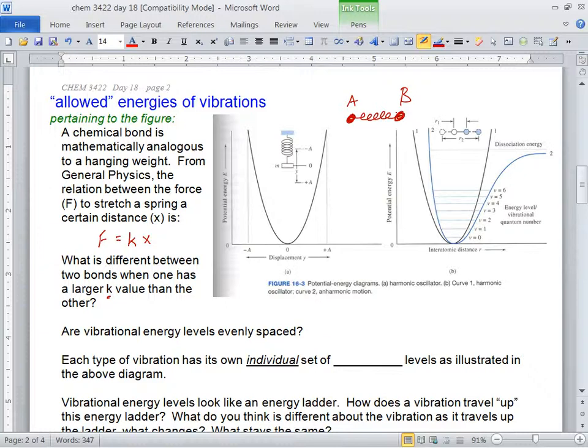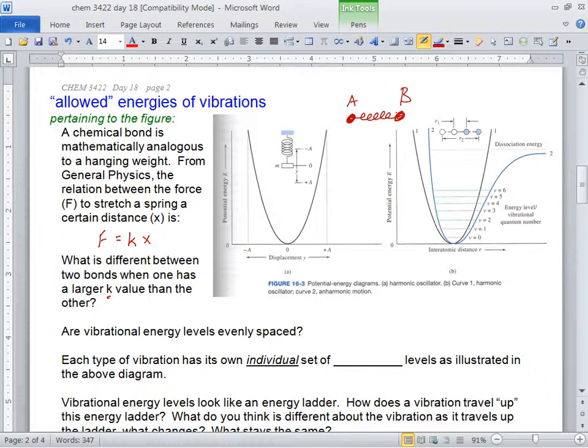If it's a larger k, it's going to be a shorter bond. Exactly. If it's a shorter bond versus a longer bond, which one's going to be stiffer and harder to vibrate? The shorter bond, right? It could be like a double bond in comparison to a single bond, but shorter is still there.